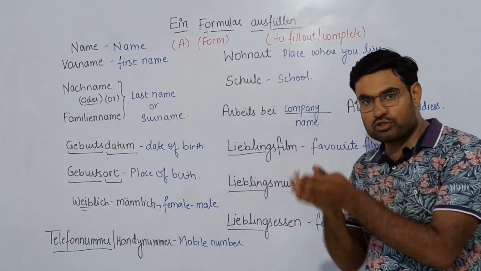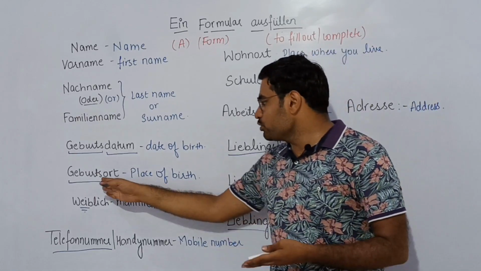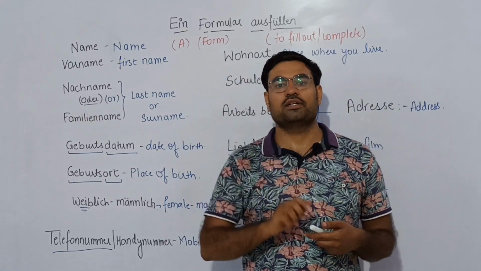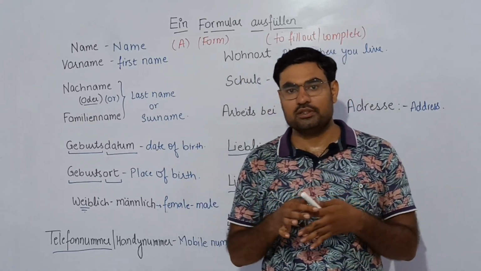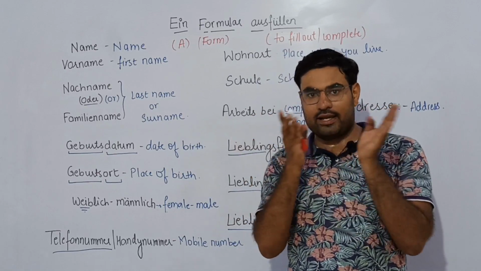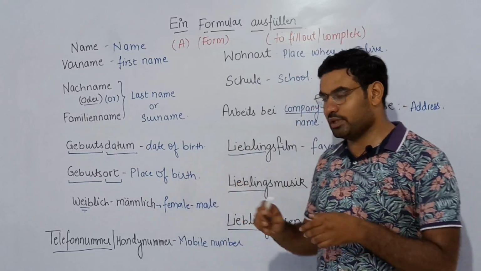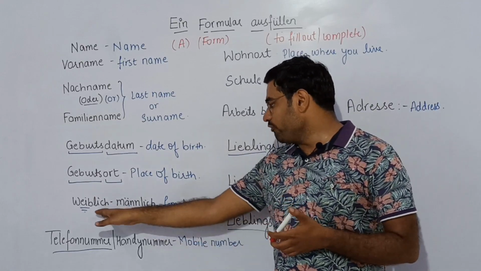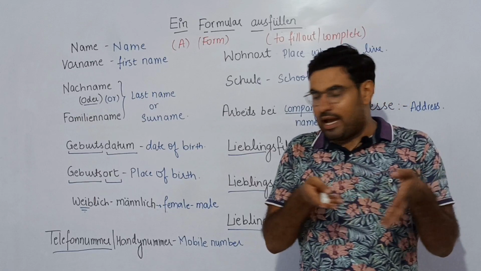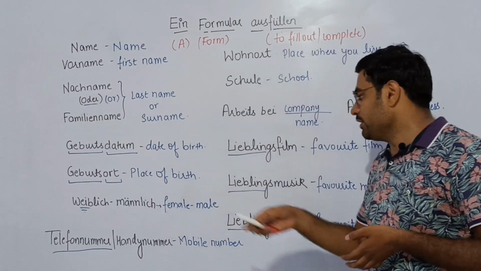Geburtsdatum, your date of birth. Geburtsort is place of birth. Geburtstag is birthday. Tag means day and Geburt means birth. Next one, weiblich, männlich. If you are filling out gender, weiblich is female and männlich is male.